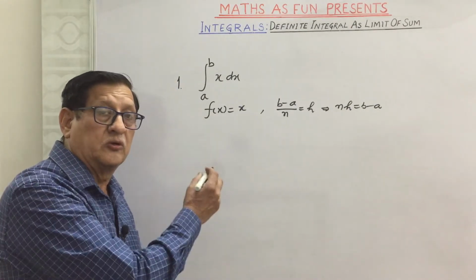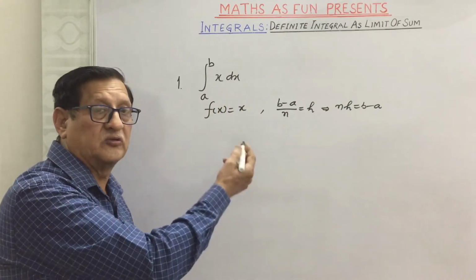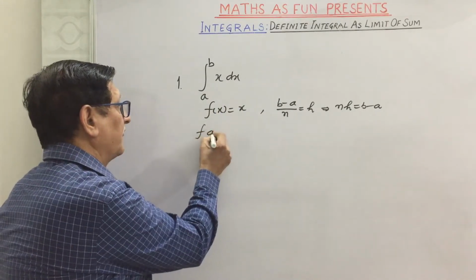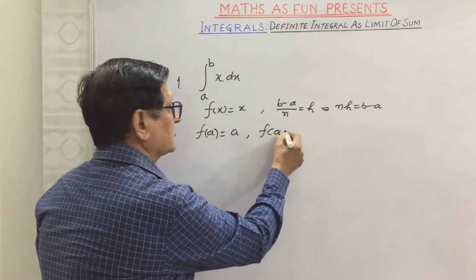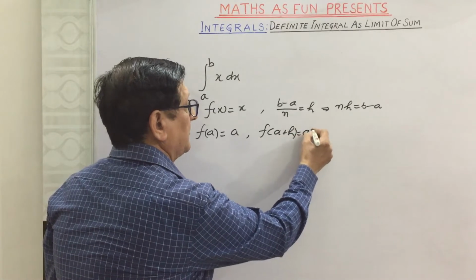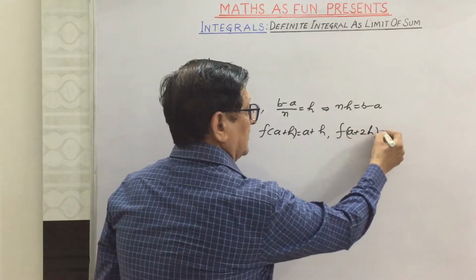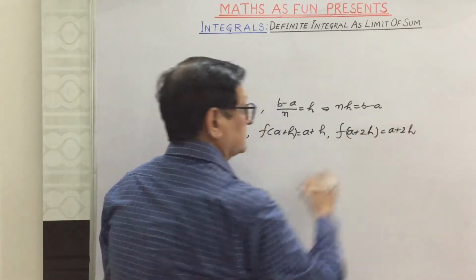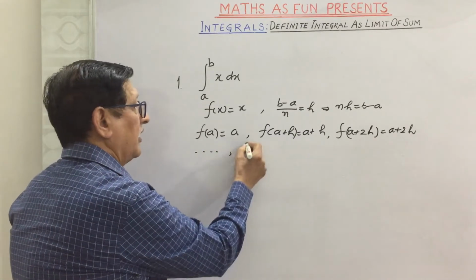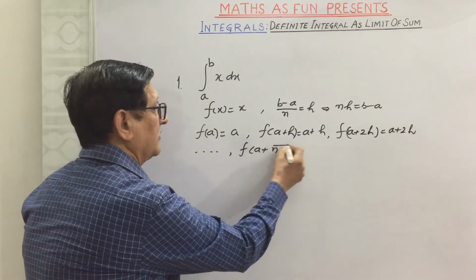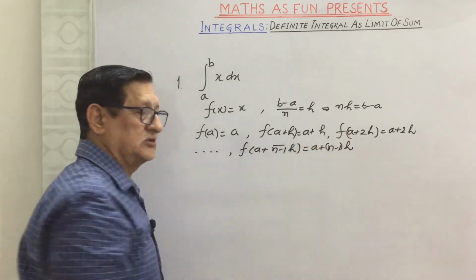Now starting from the lower limit, we will find out the values of the function f(x) at different values of x. Like we find here f(a) is a, f(a plus h) will be a plus h, f(a plus 2h) will be equal to a plus 2h, and so on. f(a plus (n minus 1) into h) will be a plus (n minus 1) into h.